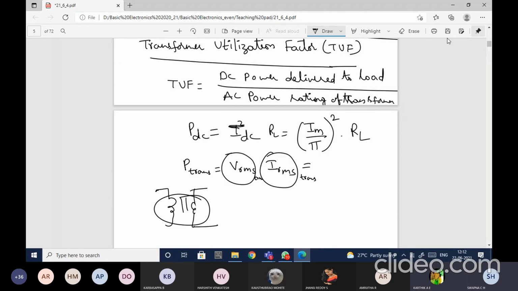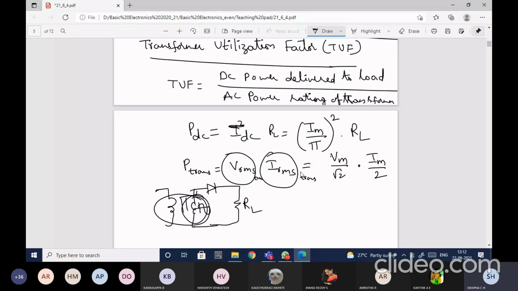Yes ma'am, Vm by root 2 is the VRMS of the transformer, and IRMS is Im by root 2. No, it is Im by 2. Why, I'll tell you. The voltage here is a sinusoidal signal, and for a sinusoidal signal the root mean square value is Vm by root 2.